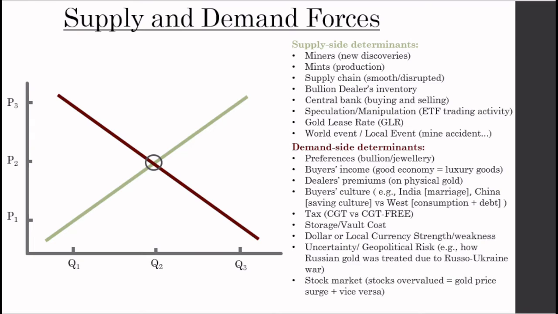If you're in a country where capital gains tax is applied to gold, that's going to have a downward pressure on the gold price because that's going to discourage people from buying gold.